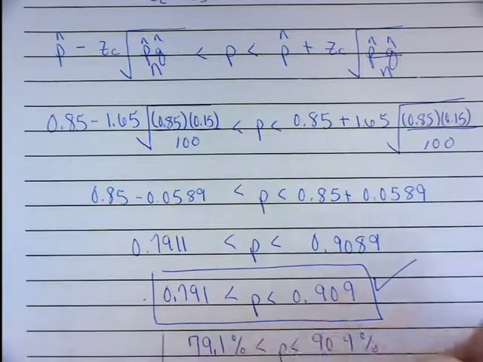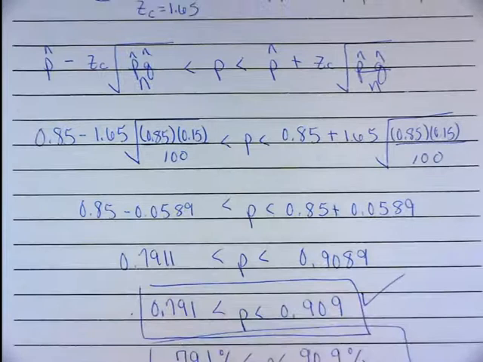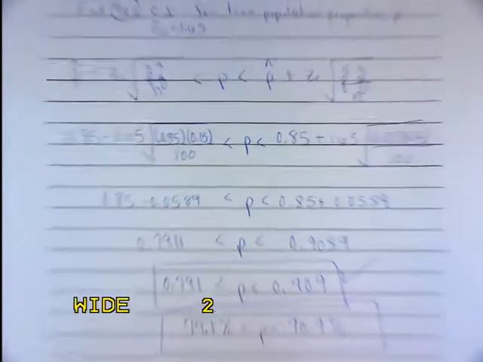Therefore, we are 90% confident that the true population proportion of people who are satisfied with their homes will be somewhere between 79.1% and 90.9% for this problem. Now I would like to show you how to utilize the calculator.